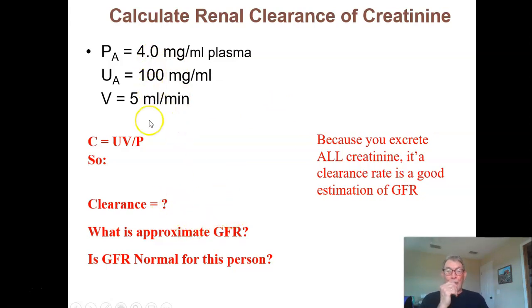So what's this person's GFR? 125. Is that normal? Yes, that's exactly normal. If this were a young, healthy person, their GFR is exactly right because they're clearing that amount of creatinine. It shows you that they're producing that amount of primary filtrate. UV over P.